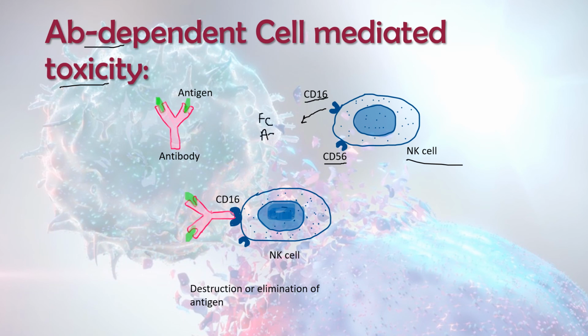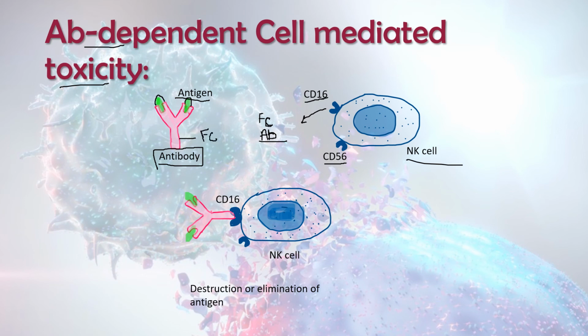It binds to the Fc portion, the constant region of the immunoglobulin or antibody. This antibody is bound to the antigen. You can see this green molecule is the antigen.